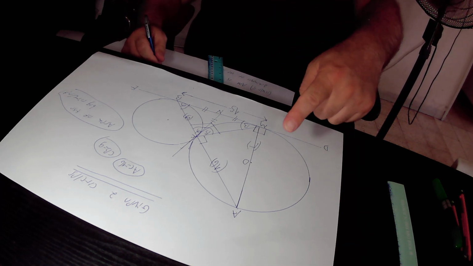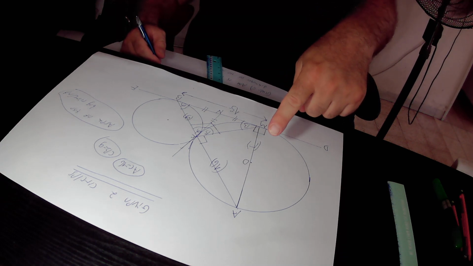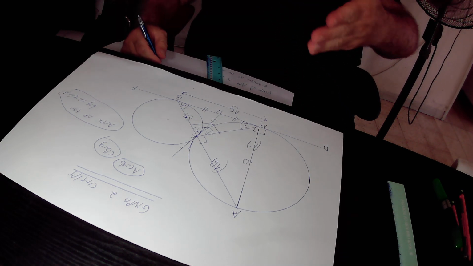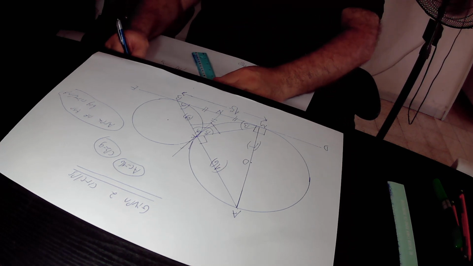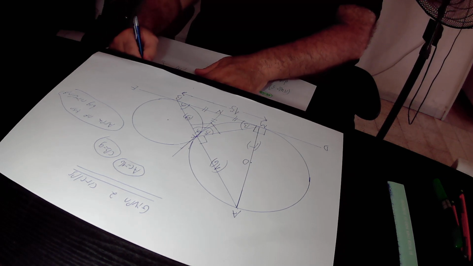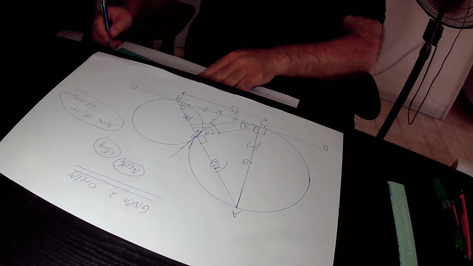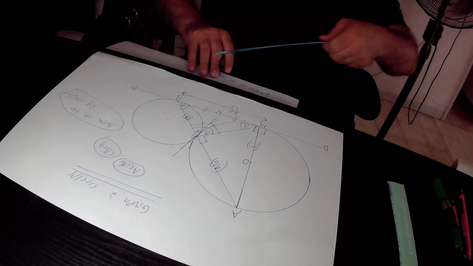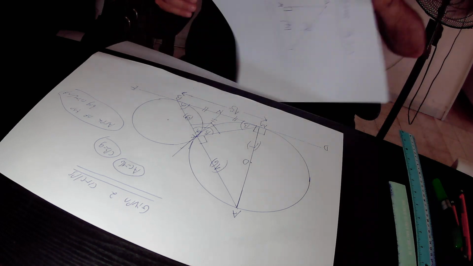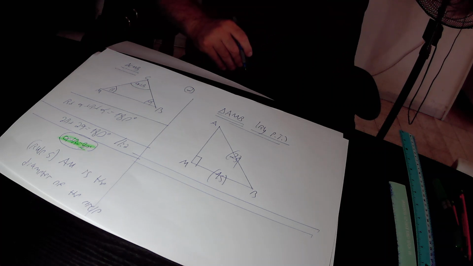AM is the missing side, so we'll find the length of the missing side AM by implementing the Pythagoras theorem on this right triangle, triangle AMB. So actually, this is the big right triangle AMB that I copied from the original drawing.